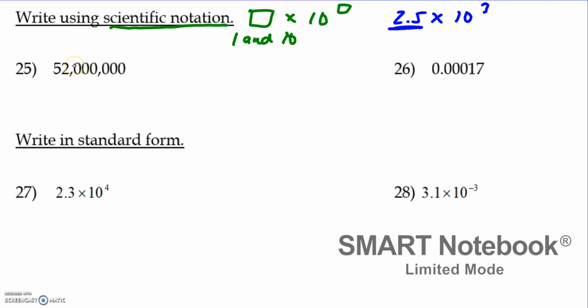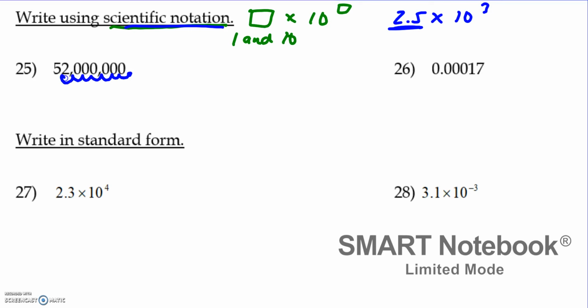So if I wanted to move number 25 to be in scientific notation, it has to do with where the decimal point is currently, and we need to move the decimal point to a place where this number becomes between 1 and 10. When you don't see a decimal place, I would always assume it's the end of the number. If I move this decimal over 1, 2, 3, 4, 5, 6 positions, my number is now at 52, which is still not between 1 and 10.